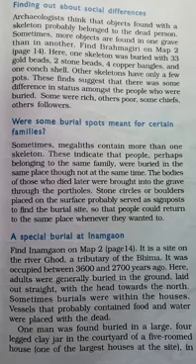The next one is where some burial spots were meant for certain families. Sometimes the megaliths contain more than one skeleton. When they dug it, they found more than one skeleton, which indicates that people belonging to the same family were buried in the same place, although not at the same time.